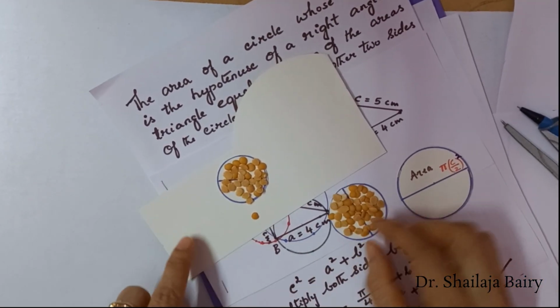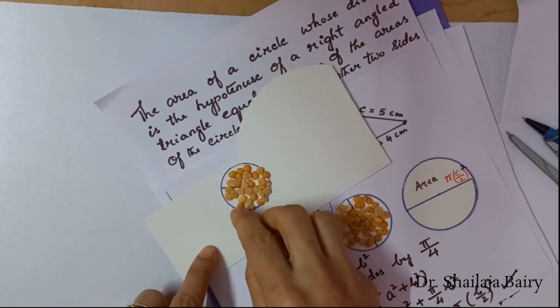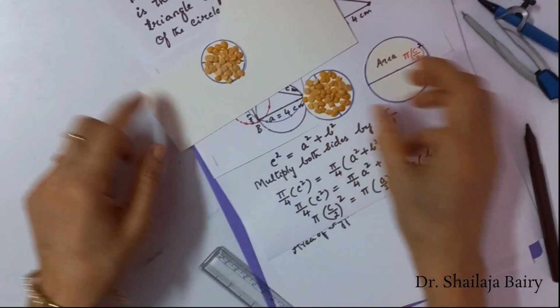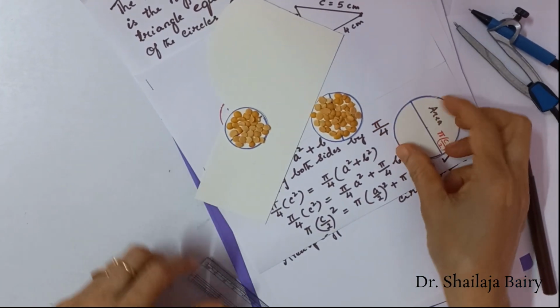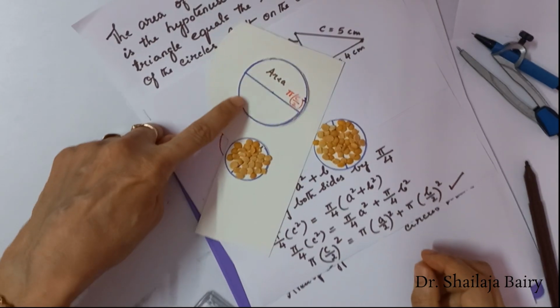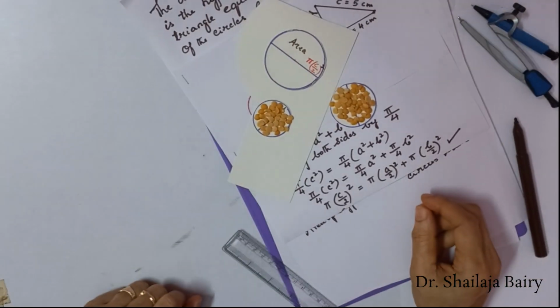It exactly occupies the equal surface. So this indicates that these two areas together total to the area of the bigger circle.